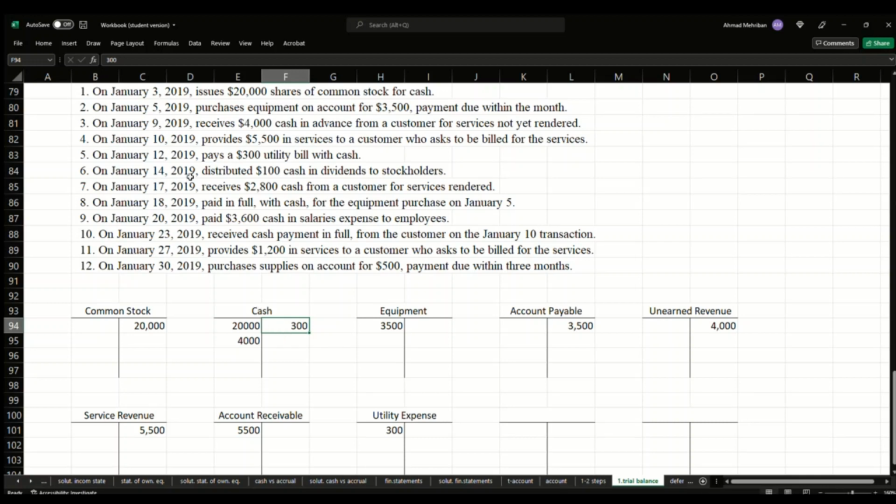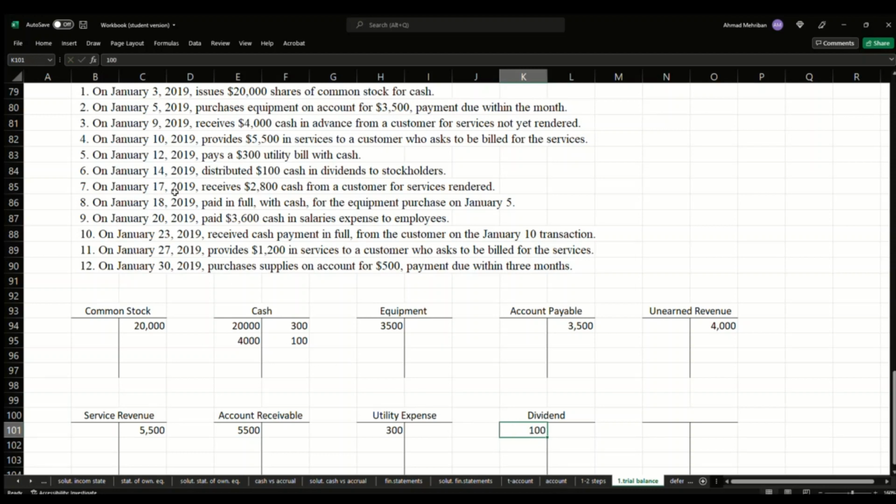Next, in January, we distributed $100 cash in dividends to stockholders. Distributing cash means cash is out, so how much was it? $100, and we create a dividend account of 100 recorded here.